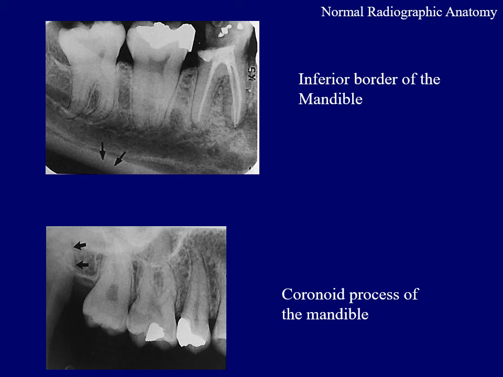This appears as a triangular radio-opaque region with the apex directed superiorly. This coronoid process usually appears homogeneous with or without trabeculation.